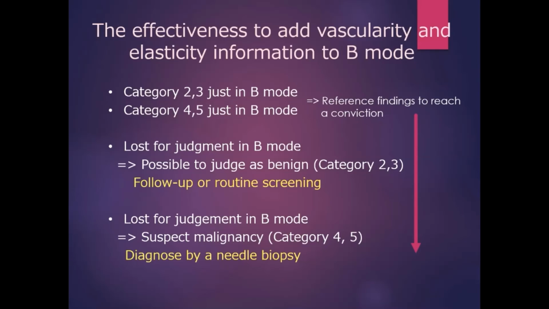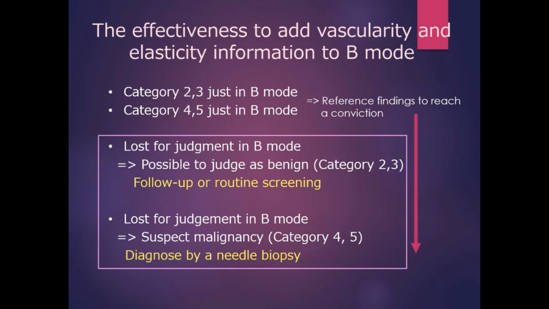But in some cases, you can get more conviction by adding such reference information. Color Doppler and elastography prove their merits for a case difficult to judge by B-mode alone. If you can assess a case as category 2, 3 or category 4, 5 by adding vascularity and elasticity information, the management after that can be fixed.